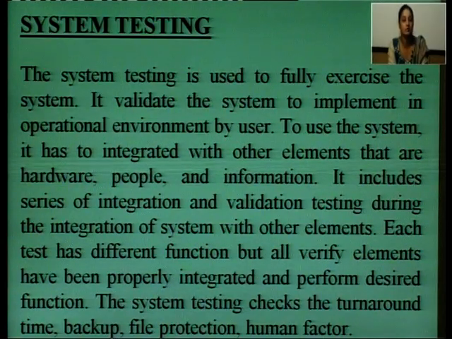To use the system, it is integrated with the other elements. To use that system, we have to combine it with various elements such as hardware, people, and the information of that system. So we combine that system with those and provide the information accordingly. It includes a series of integration and validation tests.